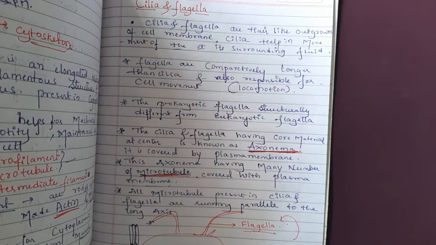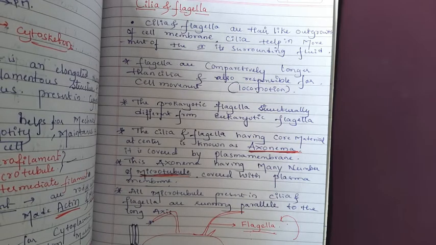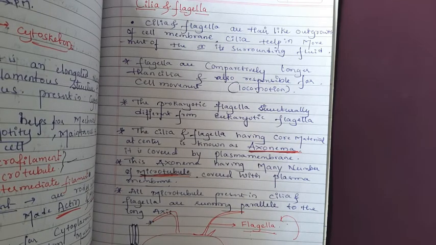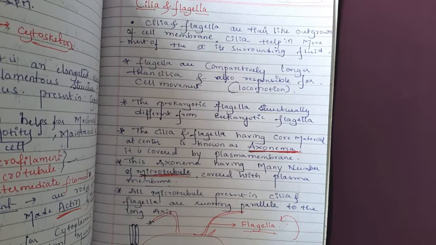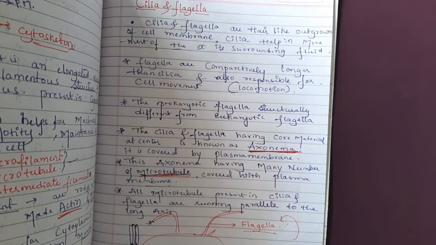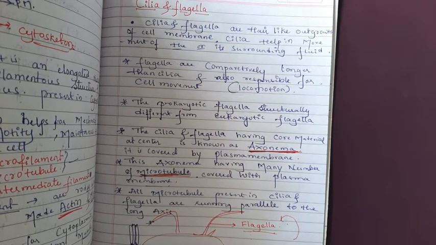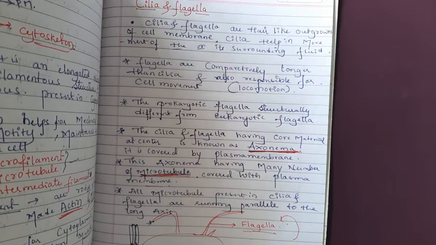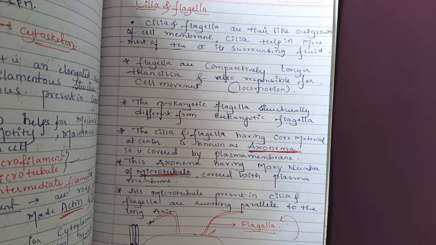That's why we can say that cilia and flagella are hair-like outgrowths of the cell membrane. Cilia help in the movement of surrounding fluid. Then the flagella are comparatively longer than the cilia and are also responsible for cell movement and locomotion.